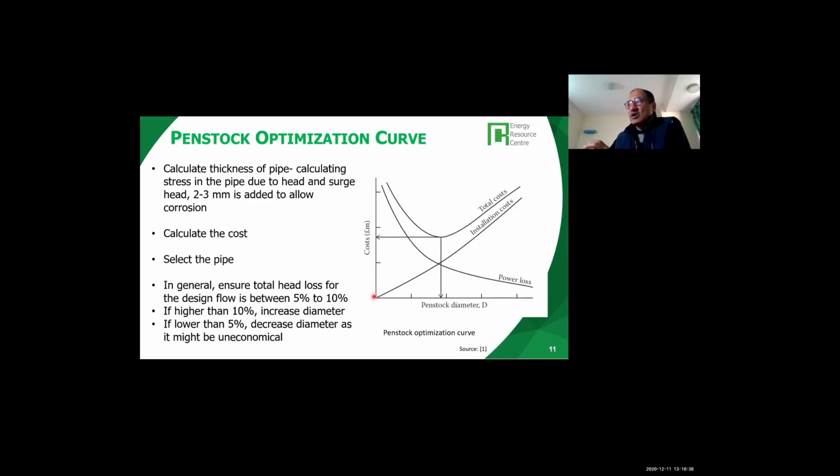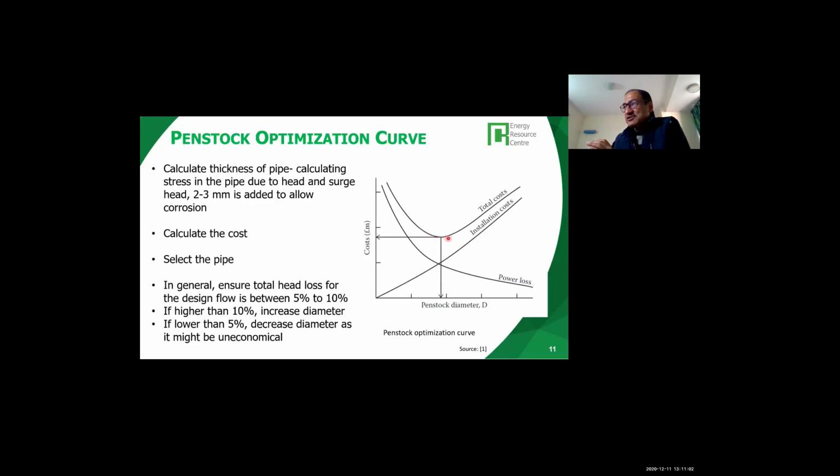So now you want to find an optimal cost where the cost minus the loss is minimum, which is based on the revenue of losses. So once you increase the diameter, the losses decrease, and the revenue minus the installation cost will be here.